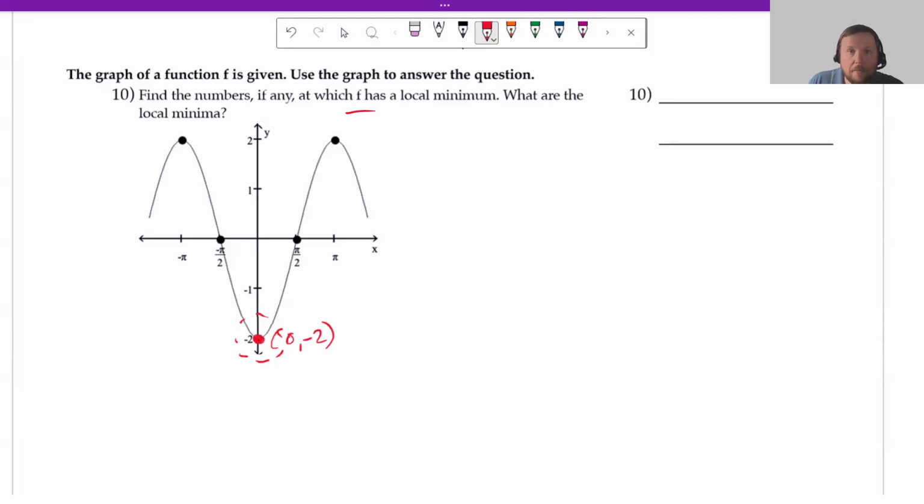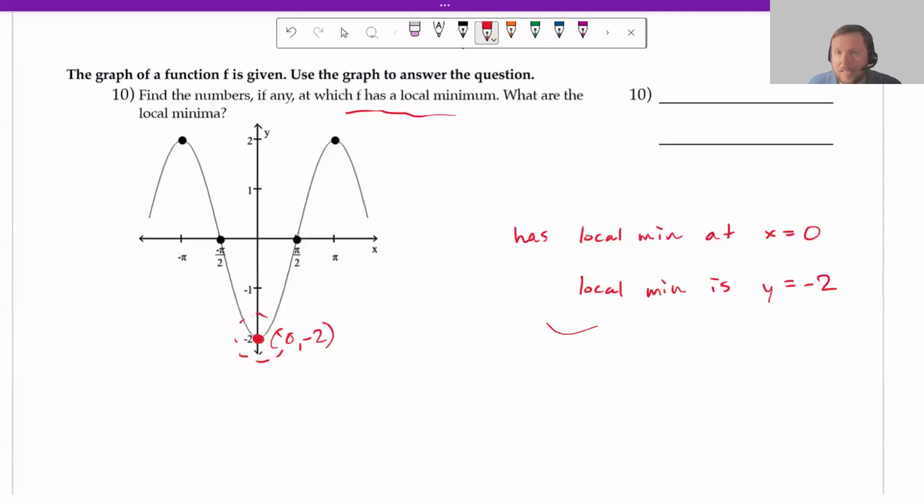So the number at which it has a local minimum is x equals 0. But what is the local minimum? The local min is y equals -2.